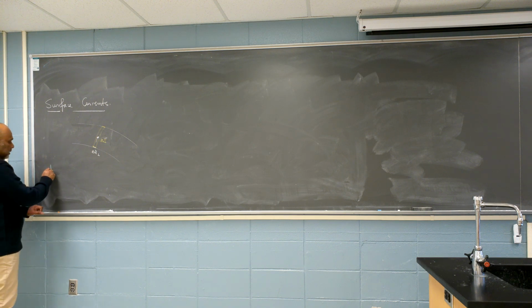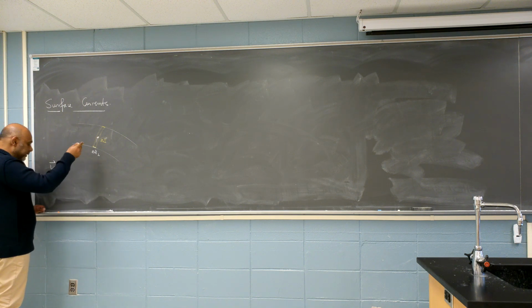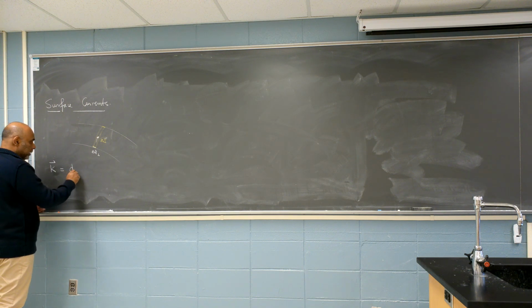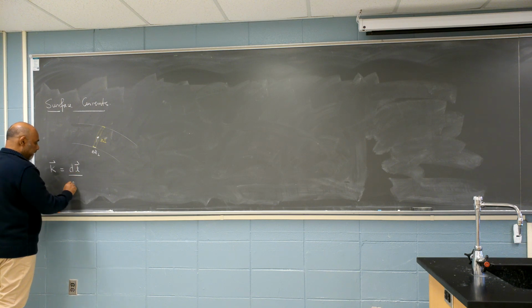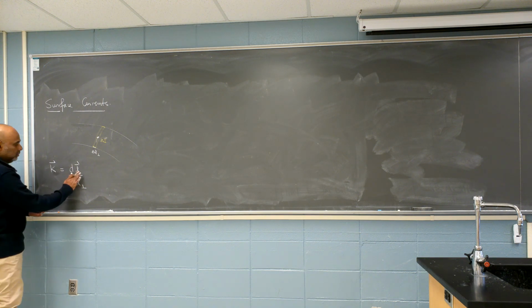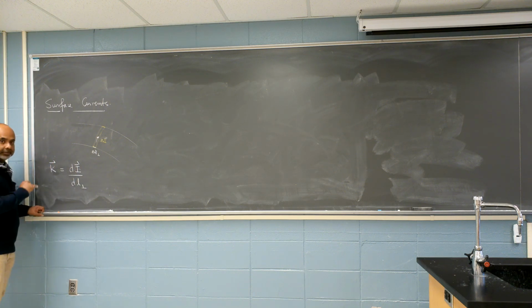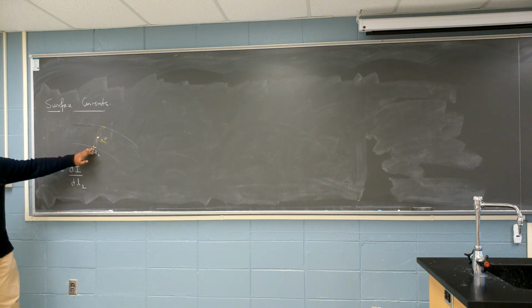The vector K is defined to be, in the limit delta goes to 0, delta I over delta L perpendicular. So that's why it's a vector. The current flowing per unit length.